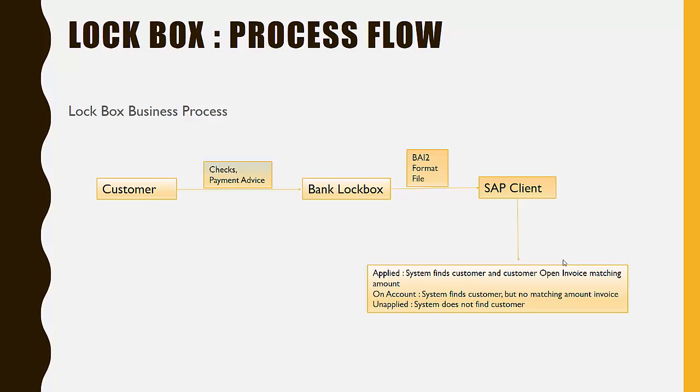This is the high-level overview. In this course, we will discuss in detail the full business process, its configuration in SAP, the file structure, creating the file, testing the file and the configuration, and post-processing of the Lockbox file.